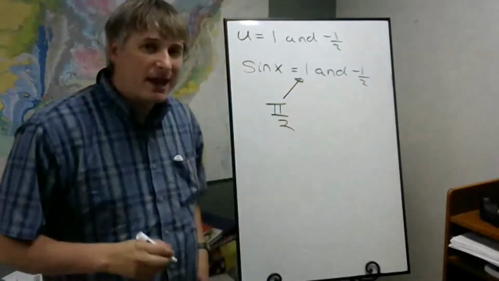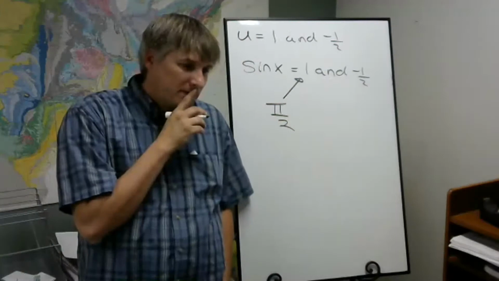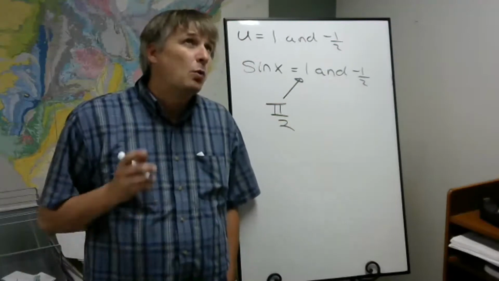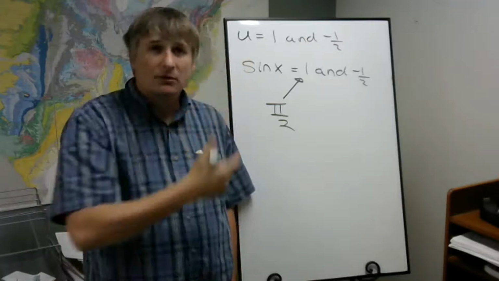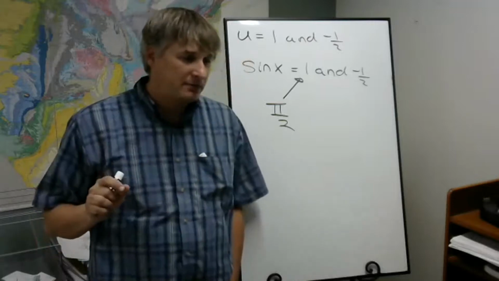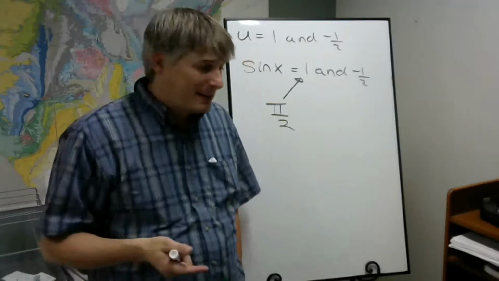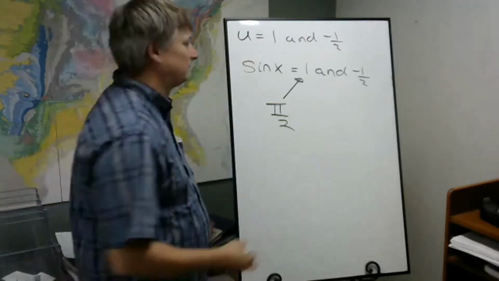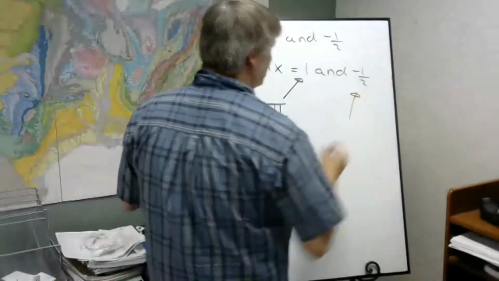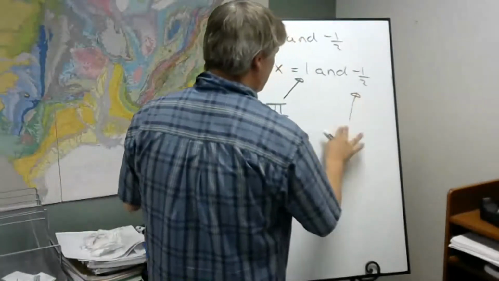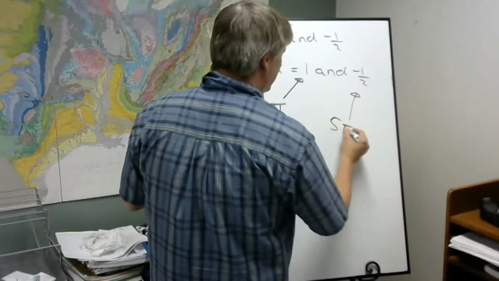Now what about negative a half? Well, let's think about this on our unit circle. If you look at the y-coordinate of the points on your unit circle, only 2 points will have sine values, or y values, of negative 1/2. Let's see. That would be 5 pi over 6.